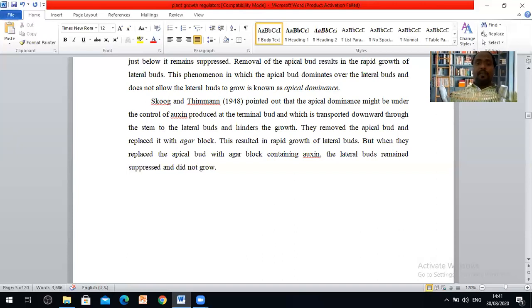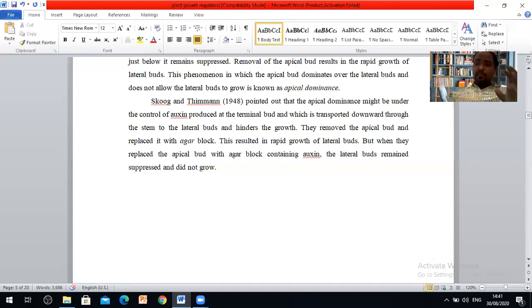They removed the apical bud and replaced it with an agar block. This resulted in rapid growth of the lateral bud. But when they replaced the apical bud with an agar block containing auxin, the lateral buds again remained suppressed and did not grow.